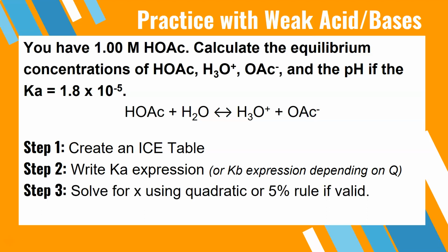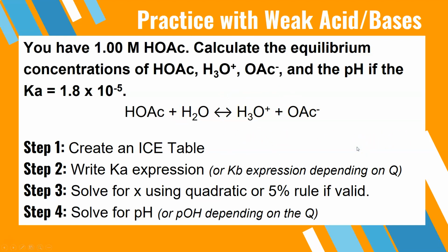Then you're going to use the quadratic formula if necessary, or the 5% rule. You cross your fingers and hope it's the 5% rule. Once you find your x value, once you know how much hydrogen you have, then you solve for pH. Or maybe you were solving for a hydroxide and now you're going backwards, right? So now you would do a pOH.